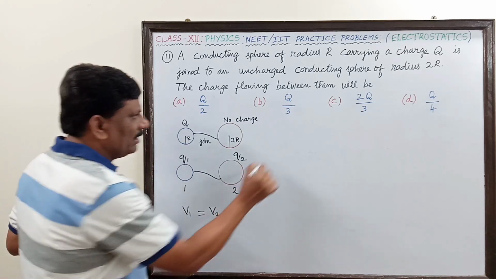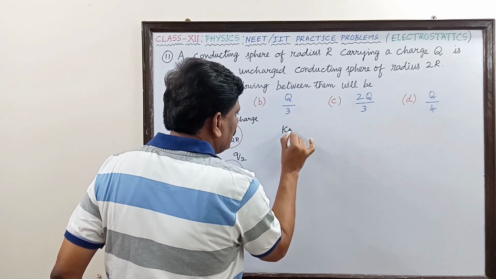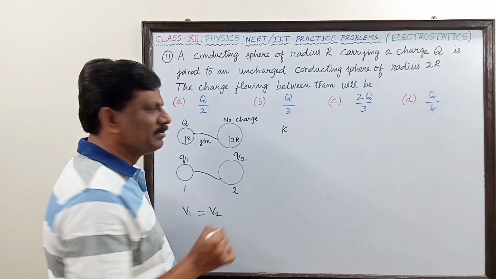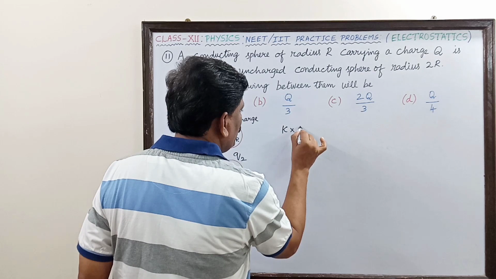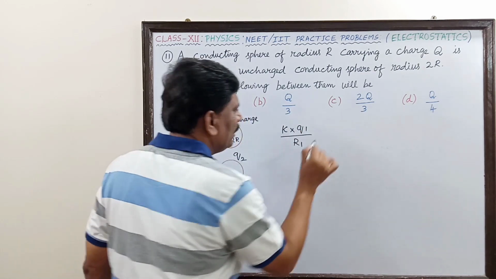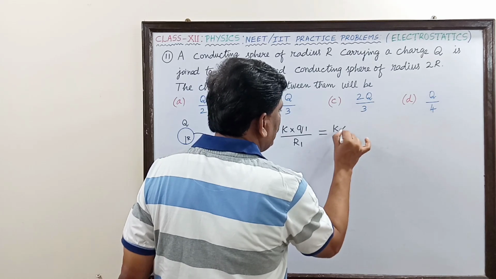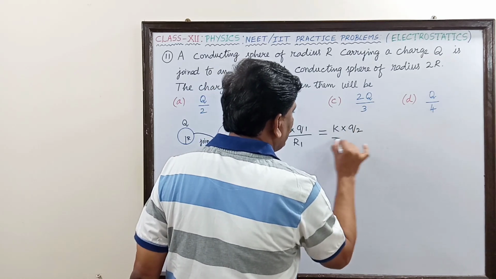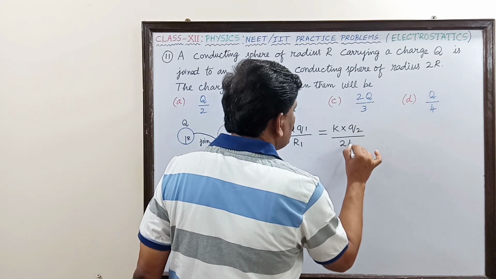So I will write K, that is 1 by 4 pi epsilon naught, K into Q1 divided by the distance R1 must be equal to K into Q2 divided by the distance 2R.